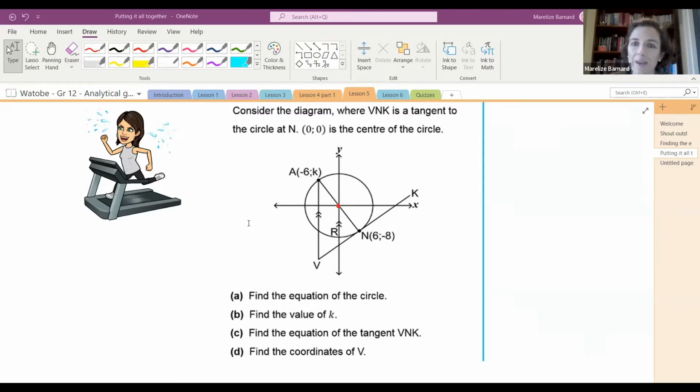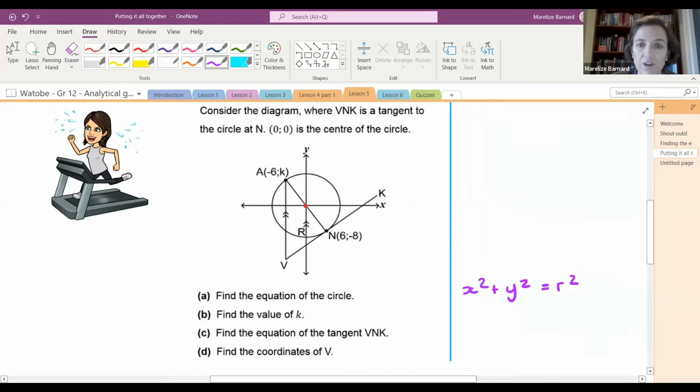Okay, so we have a circle with the center at the origin. So that's actually an easier one to do, because we can just say it's x squared plus y squared equal to r squared.